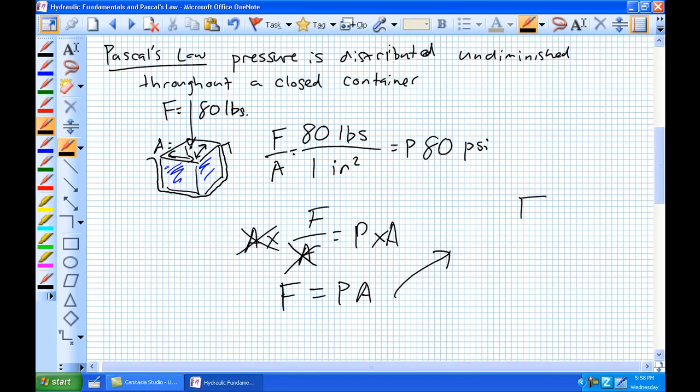This can also be rewritten in our very familiar Ohm's law triangle. So if I want to solve for area, it's force divided by pressure.